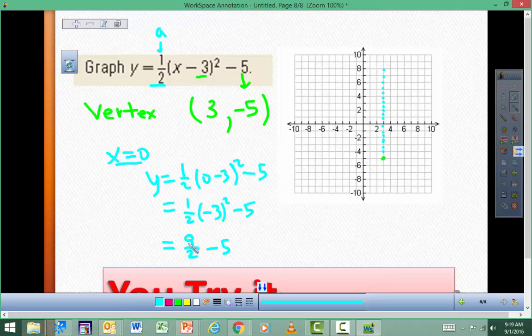Think of cooks: you do half cups. If you do 9 half cups, you get 4.5. That's equal to negative 1/2, or negative 0.5. Well, so the point is, if I were to plot that point now, when x is equal to 0, I get y is equal to negative 1/2. So I'm going to think that's right there.